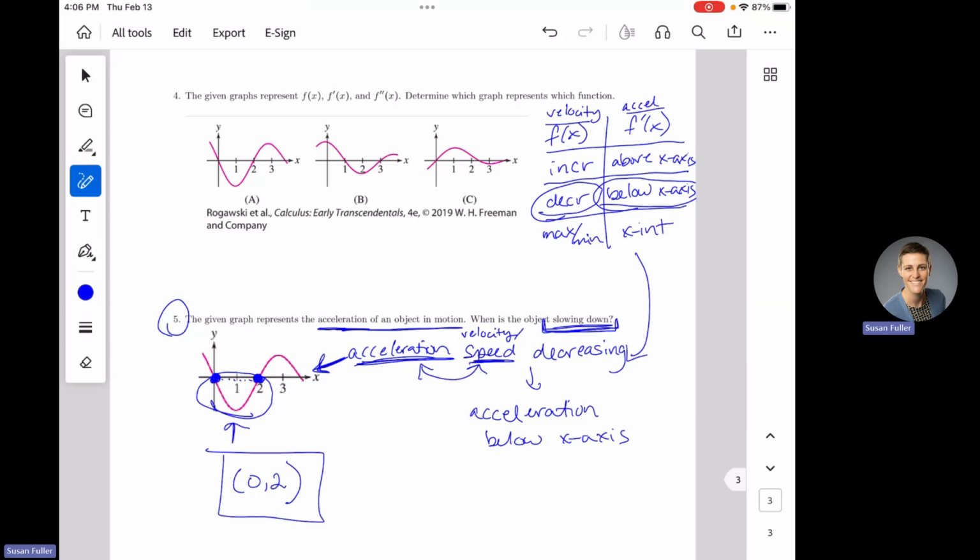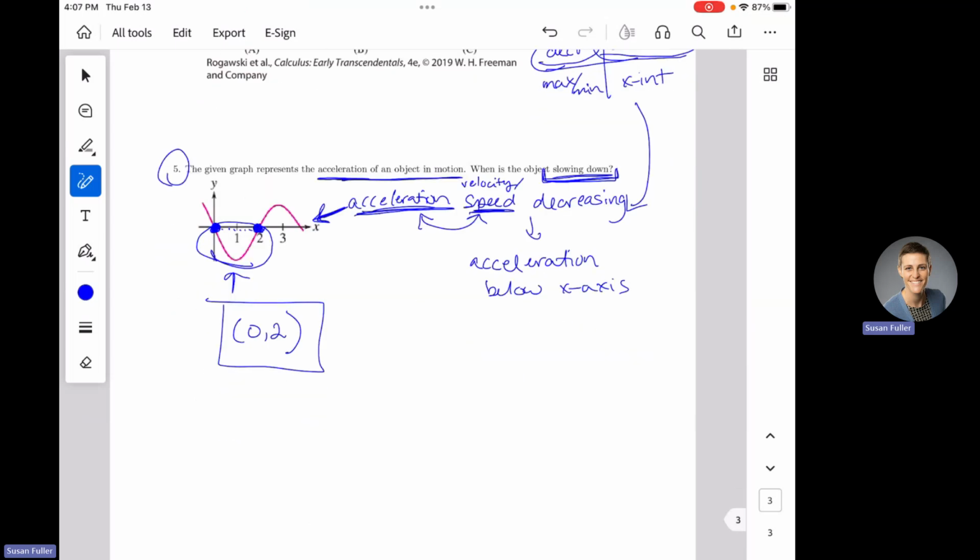I didn't say to give me interval notation, so you can say between time 0 and time 2, or however you want to say that. I'm not going to be super picky about how you write it. I think when Achieve gives you questions like this, it's going to want your answer in interval notation, and it'll tell you that.